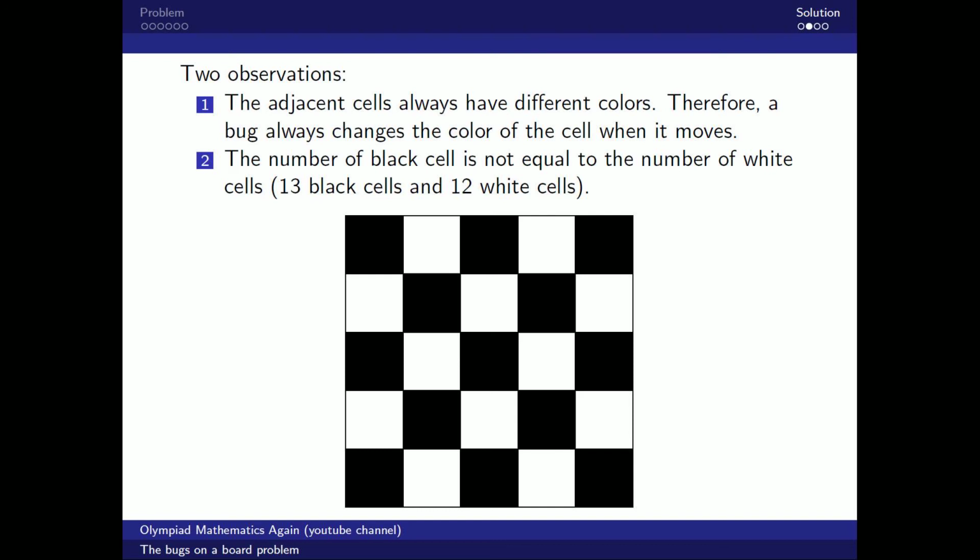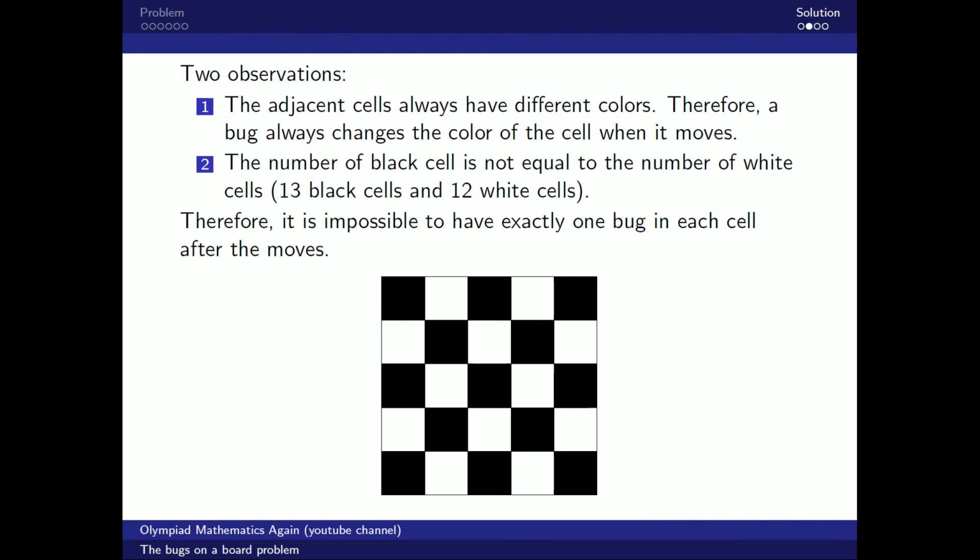So now from these 2 observations we can conclude that it is impossible that after the move, exactly one bug would be in each cell. Why is that?